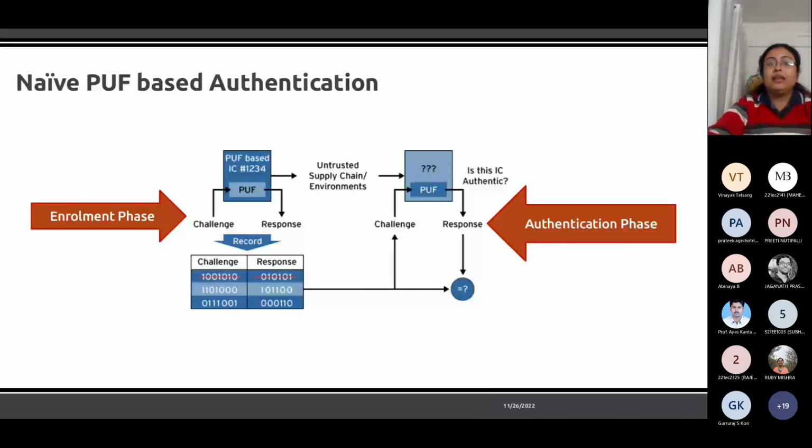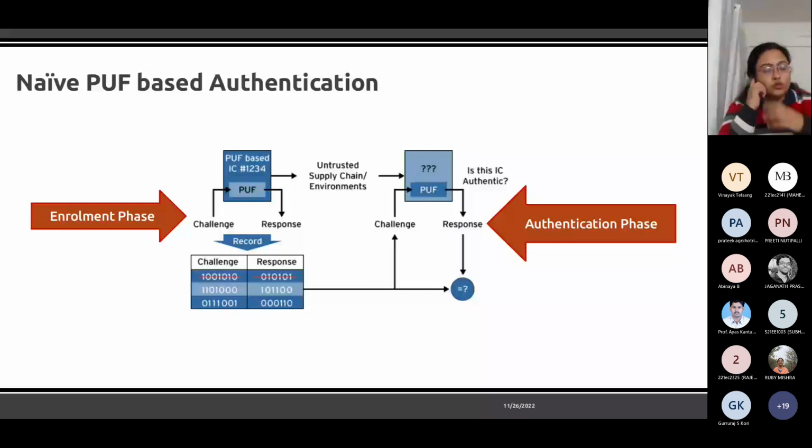Now there are many problems here. First of all, after some time we will be out of challenge response pairs, right? So there is a problem of limited authentication. The reason is that we have to discard the challenge response pairs once they are used, because if we send this challenge response pair in plain text, the attacker can see this pair.